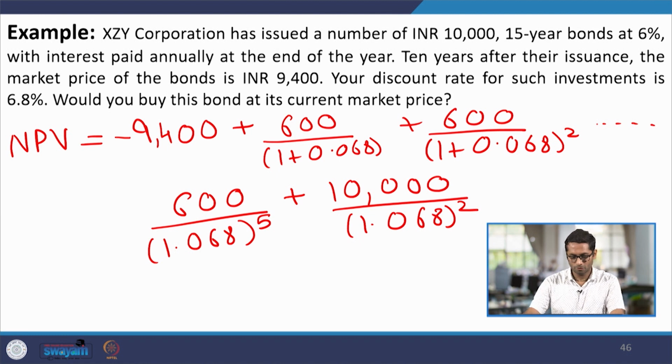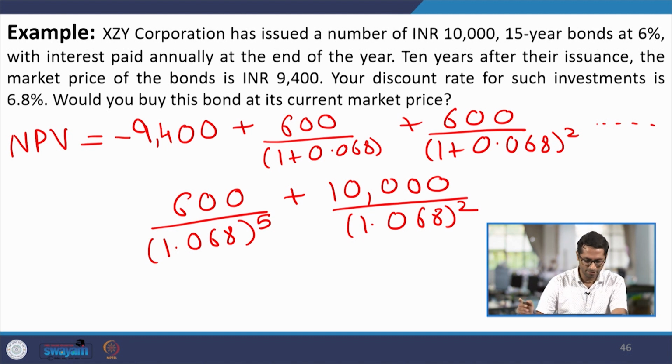Let me add all these values and see if it comes out to be positive or negative, and let me repeat it again. At present I am making an investment, buying the bond from another entity which is selling it to me at around 9,400. For the next 5 years or so, I will be getting the interest back, which will be 600 rupees per year, and I would want to discount that with my discount factor, which is 6.8%, and at the end of 5 years I will also be getting the 10,000 rupees back, which is the bond value.